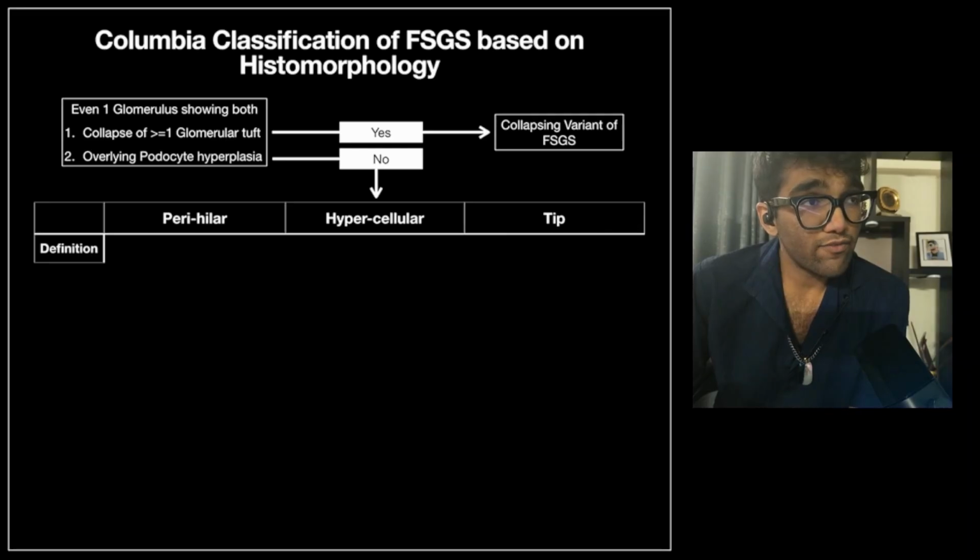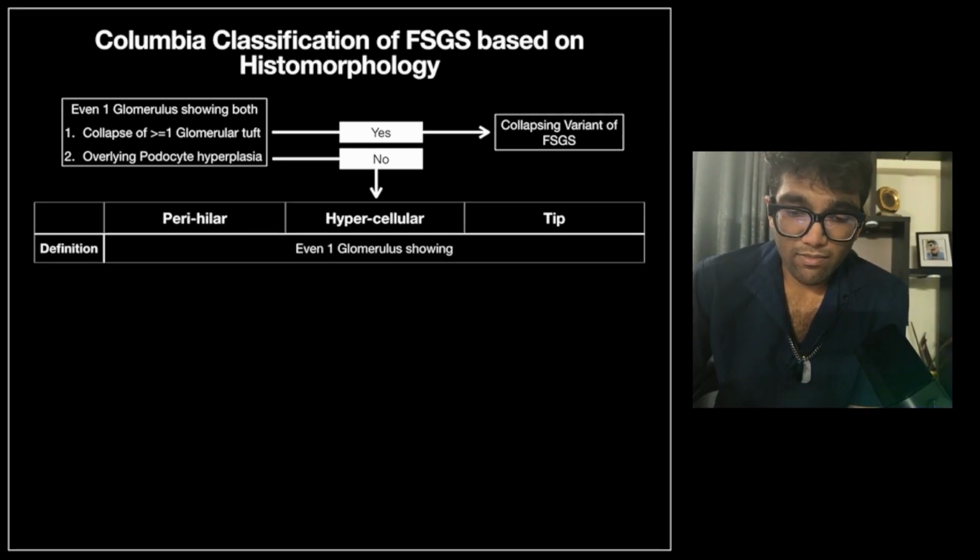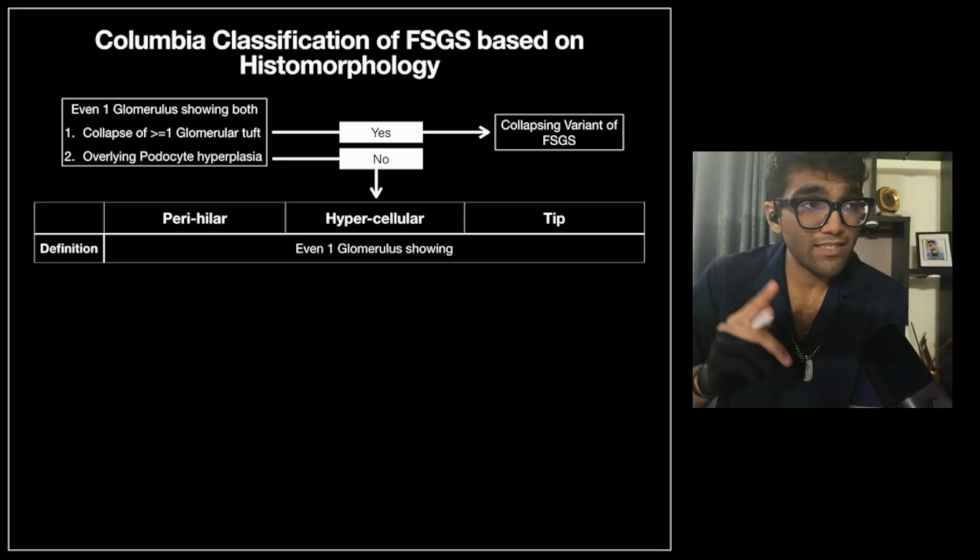Now, what is the definition of these? Again, these variants must satisfy being classified as FSGS, focal segmental glomerular sclerosis. But after that, one single glomerulus can show what I'm about to say, and then they get classified as that. So they have focal and segmental involvement, and at least one glomerulus is showing the following features.